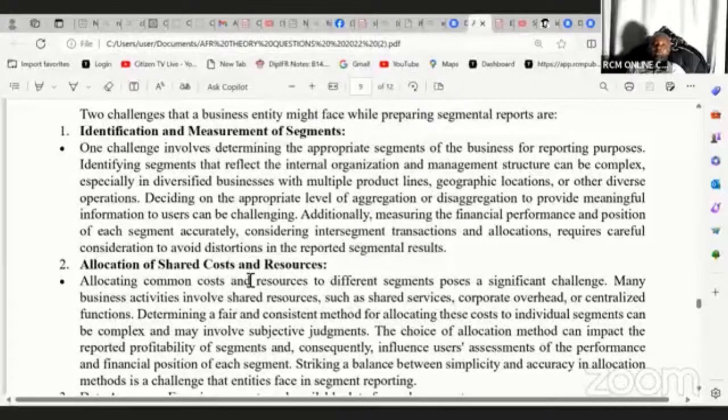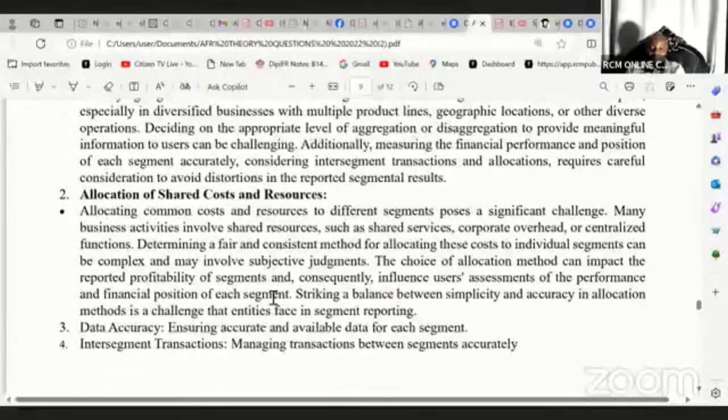What criteria will you use to say that, for example, 10% of the rent paid for the head office goes to ACCA with RCM? We're trying to look at costs as our segments. To CPA, 80%. What criteria? It is not a straightforward criteria. So allocating shared costs and resources is normally not straightforward. You're going to get a challenge there.